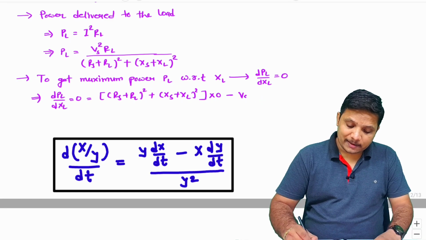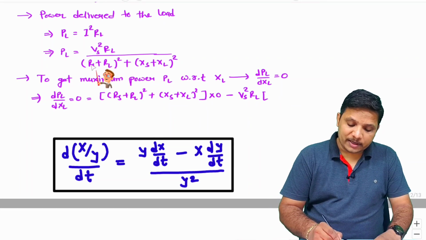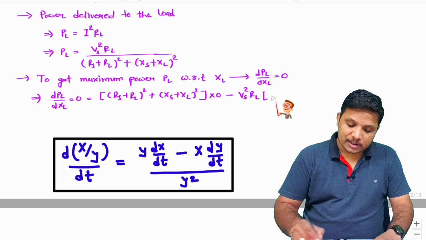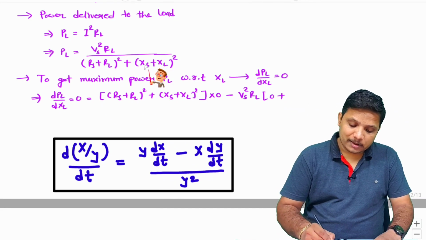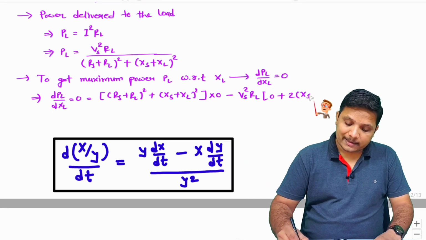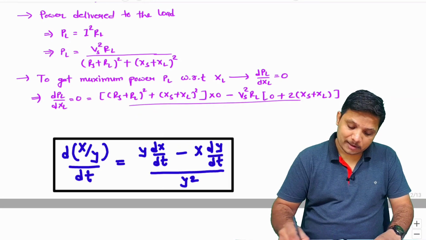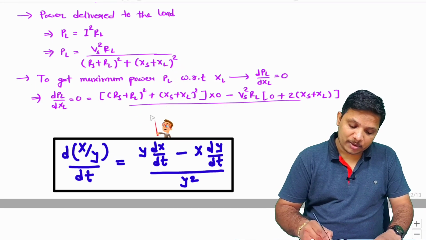So the numerator is Vs square RL into the denominator's differentiation, and this differentiation is 0 plus the differentiation of (XS plus XL) whole square, that will be 2 into (XS plus XL), and this divided by the square of the denominator.